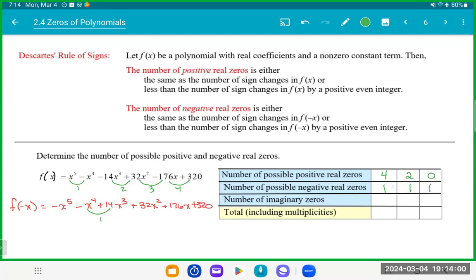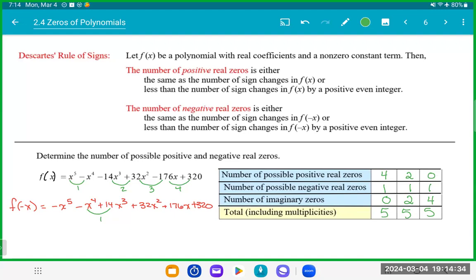And if our exponent is 5, our total multiplicity always has to add up to 5. So if I have 4 positive and 1 negative, I'll have 0 imaginary. But if I have 2 positives and 1 negative, then I have 2 imaginary. If I have no positives and 1 negative, then I have 4 imaginary.